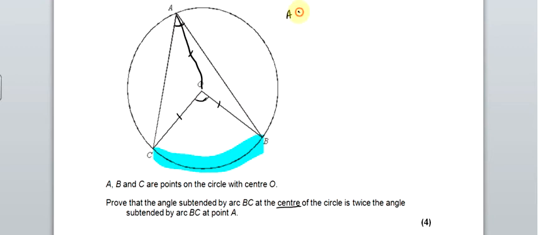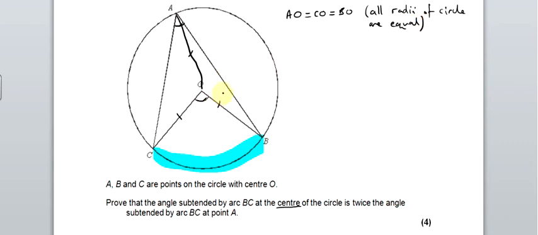So A to O, because O is the centre, is the same as C to O, which is the same as B to O, and they're all radii of the circle. And they're all equal.